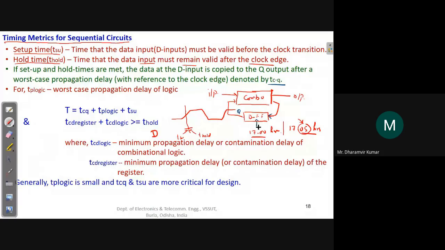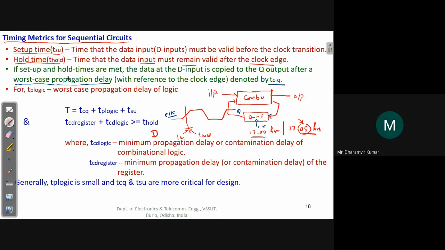This is the clock signal, and this transfer will take place after the worst case propagation delay, which will take into account the setup time, hold time, and some other times. This is denoted by TCQ.